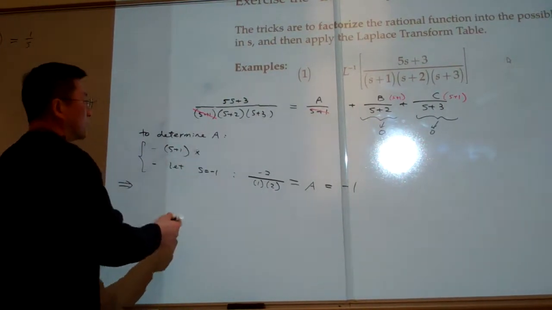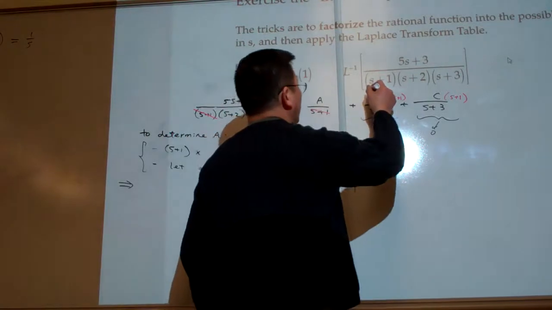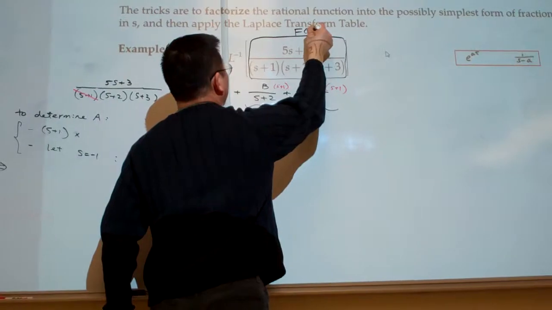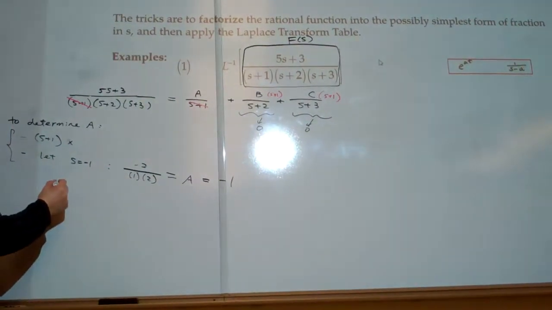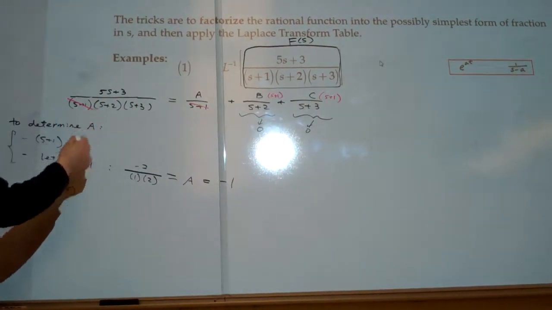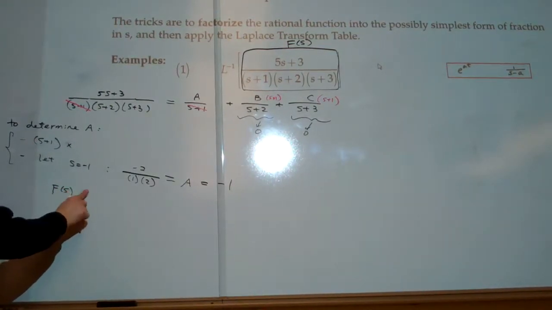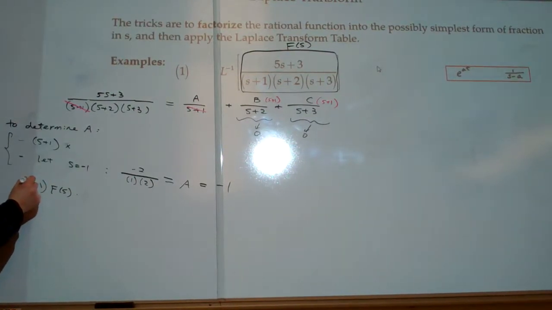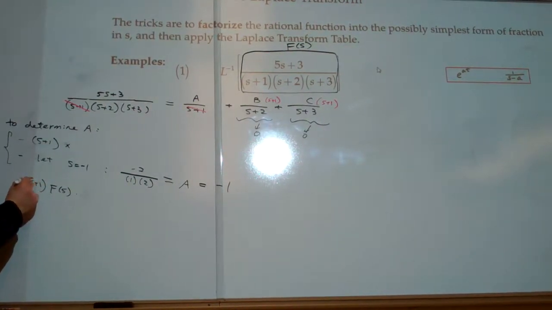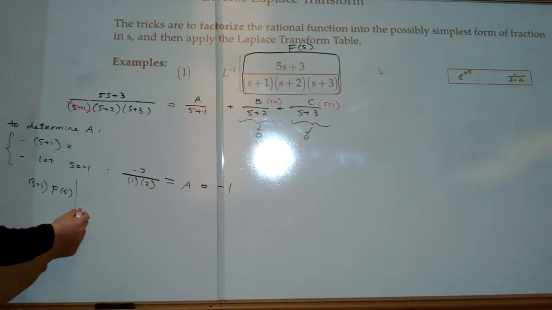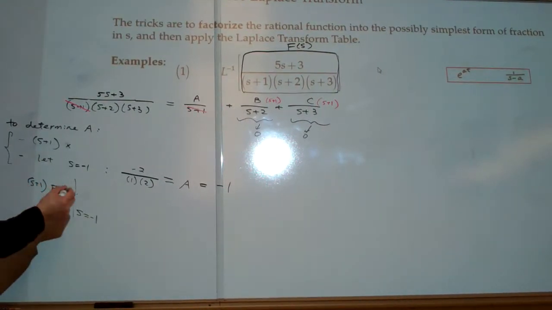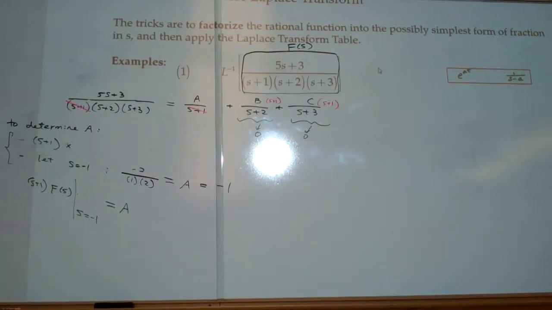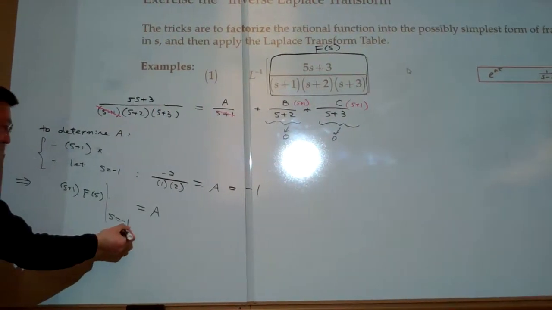Let me define this function as F(s). So F(s), the original function on the right-hand side, multiplied by s plus 1, and then we set s equal to minus 1, and this is our A. And how do we know this is minus 1?